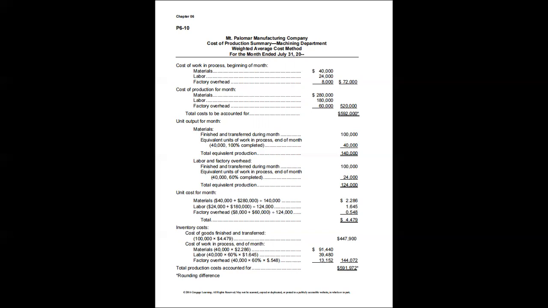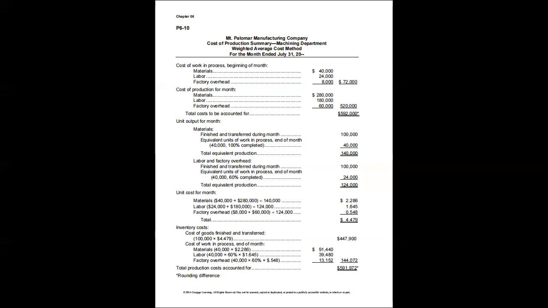Units in process July 31, all materials, 40% of labor and overhead, 40,000, and units lost in production 20,000.